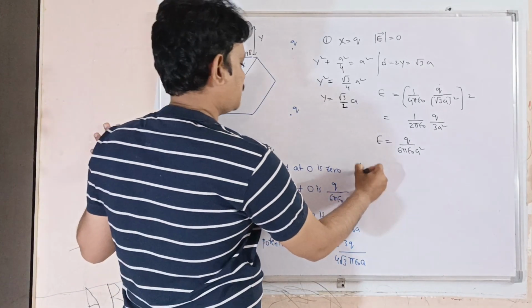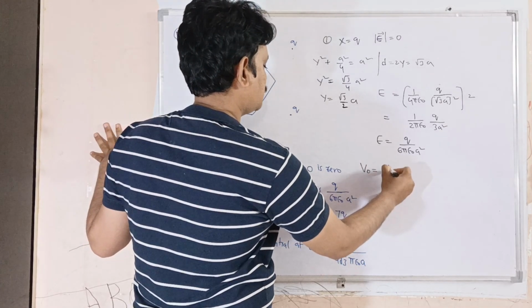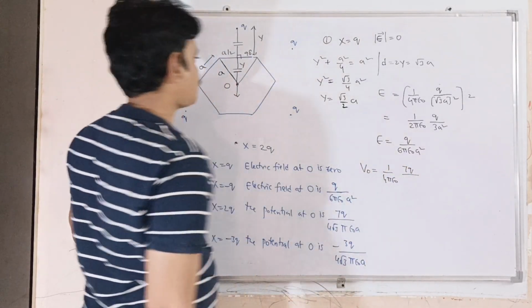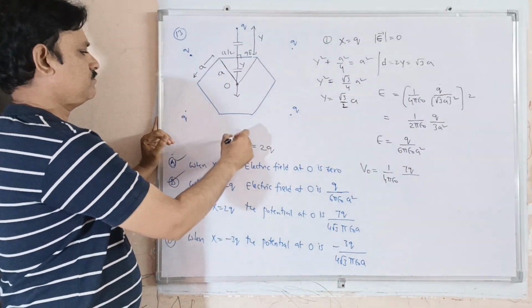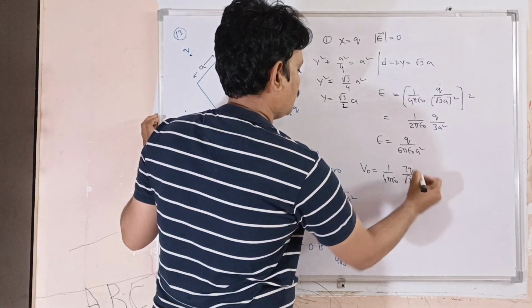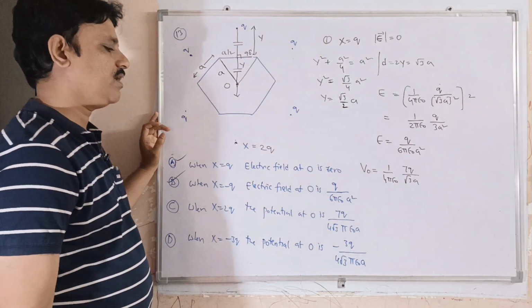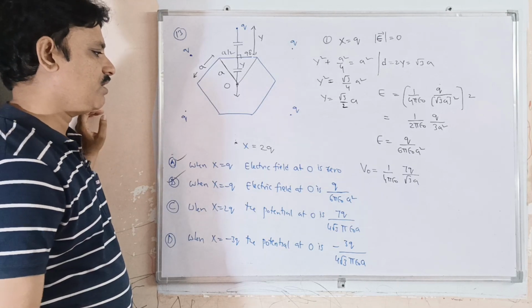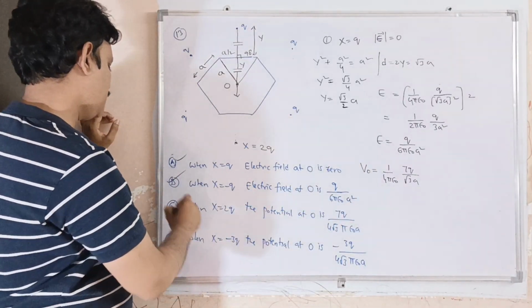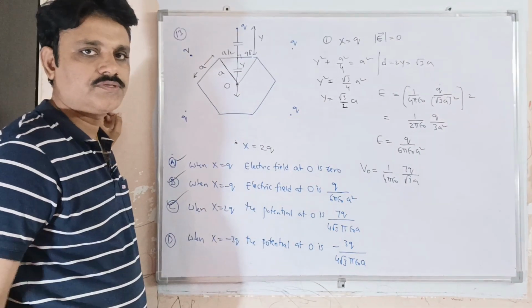So the total potential at O in this case is 1 by 4 pi epsilon naught 7q by the distance from here to here, which is root 3a. So 7q by 4 pi epsilon naught into root 3a, that is 7q by 4 root 3 pi epsilon naught a. This is also a right option.